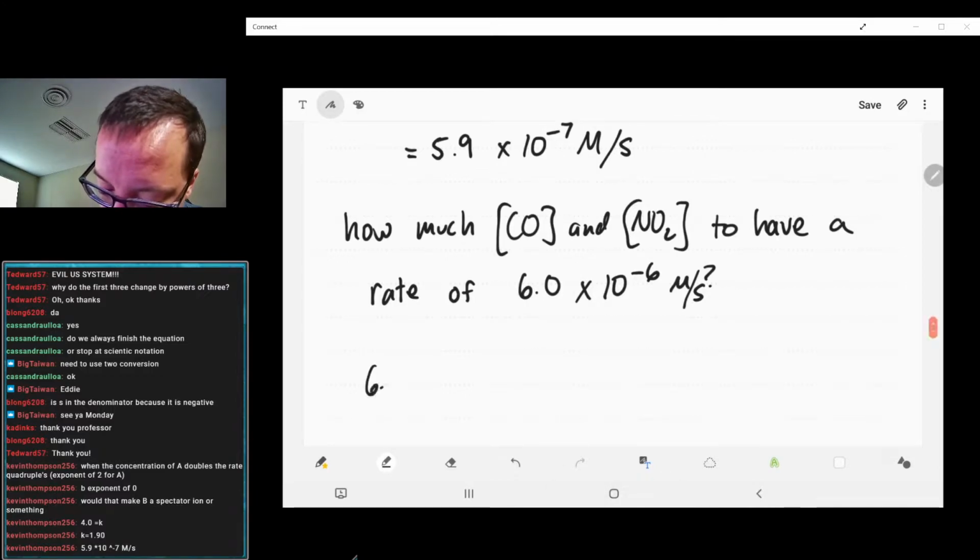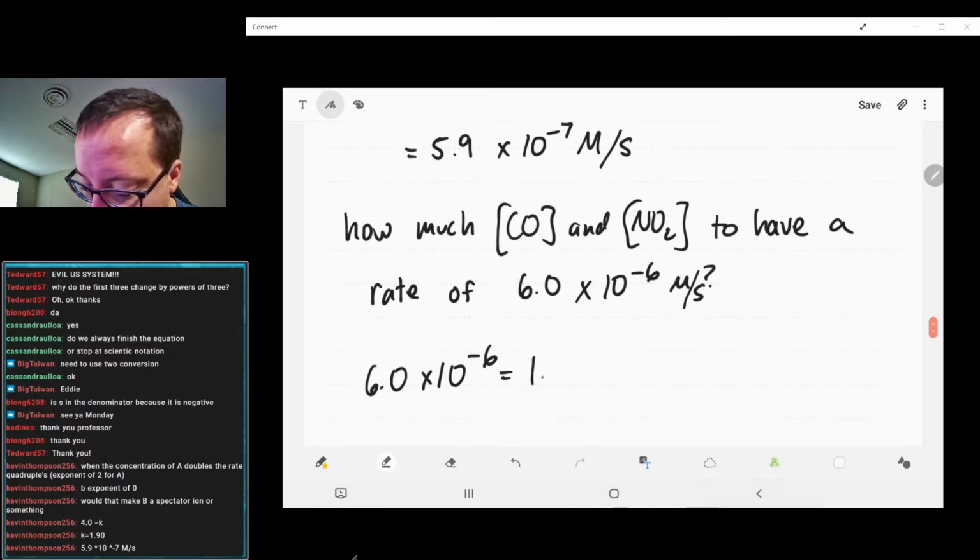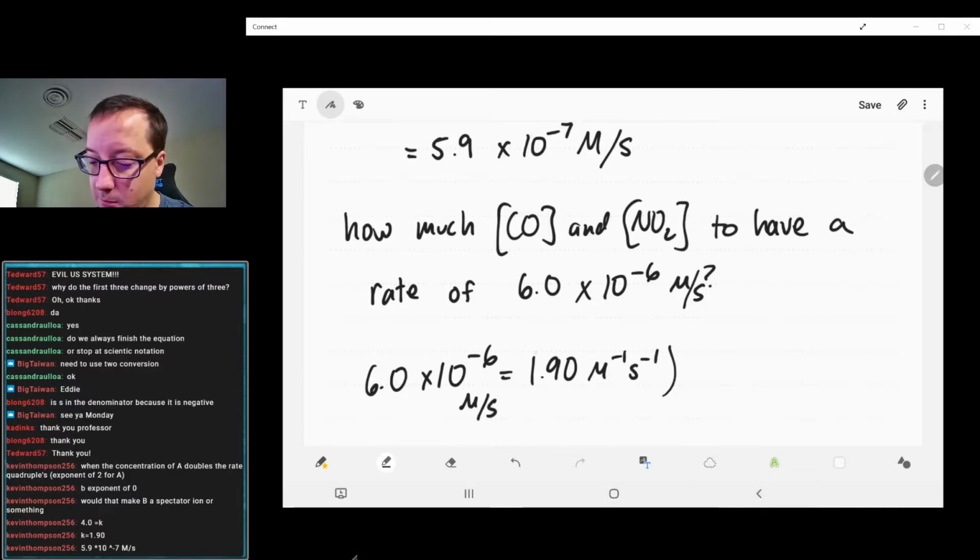But in any case, we would know that our desired rate would be our rate constant times our concentrations of CO and NO2.